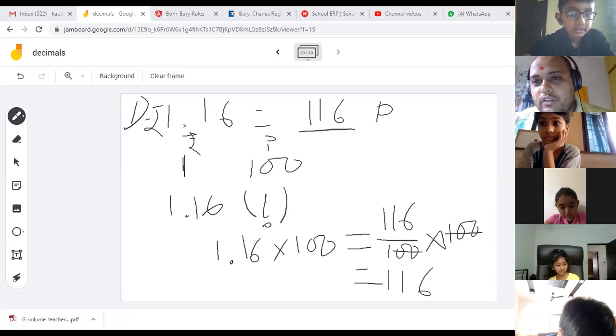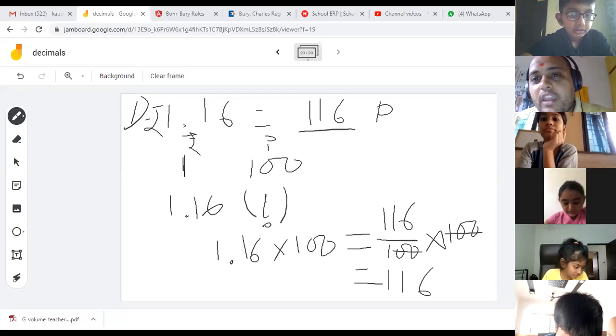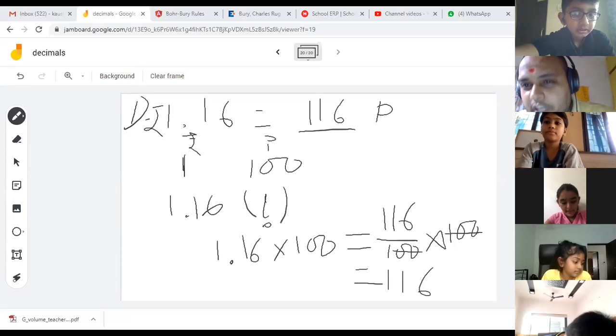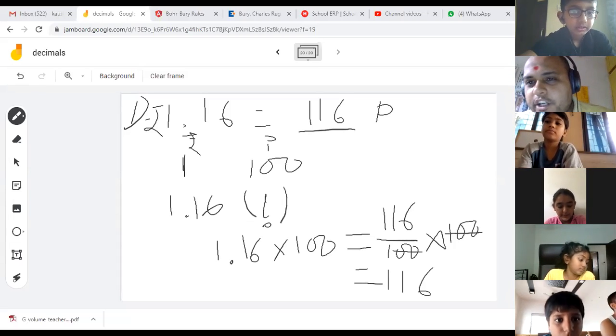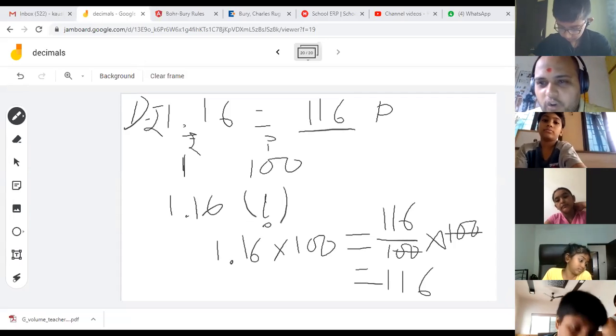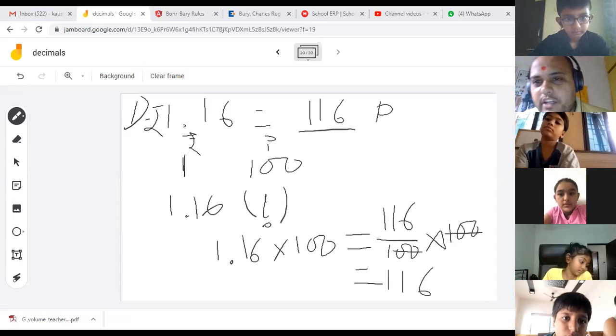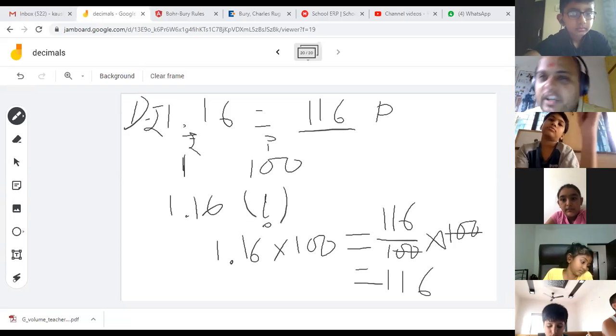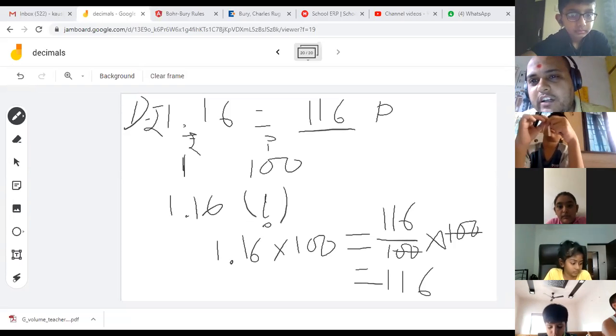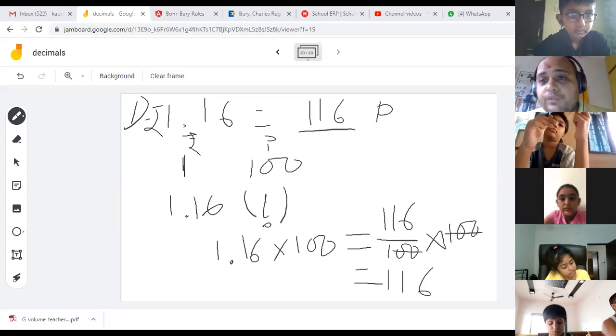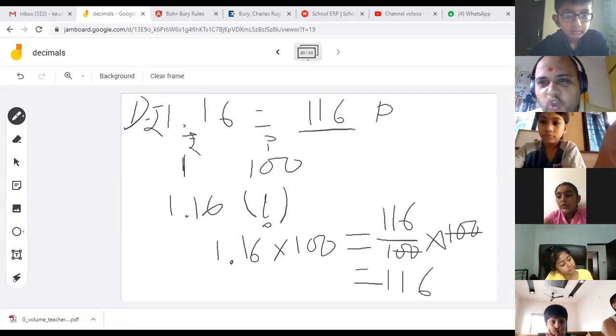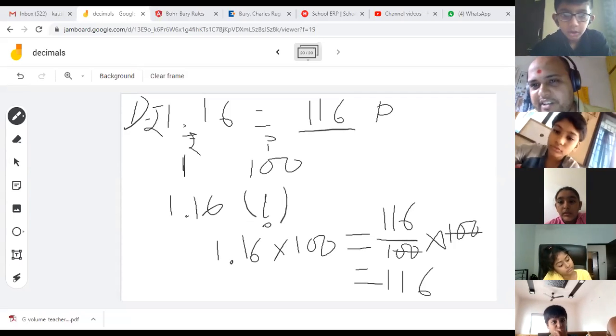You can know it by tables. The denominator has to be converted into 10 or 100. Whatever is in the denominator needs to be converted into 10 or 100. So you have to think, if it is 4, then in 4's table does 10 come? No. So we have to go for 100.